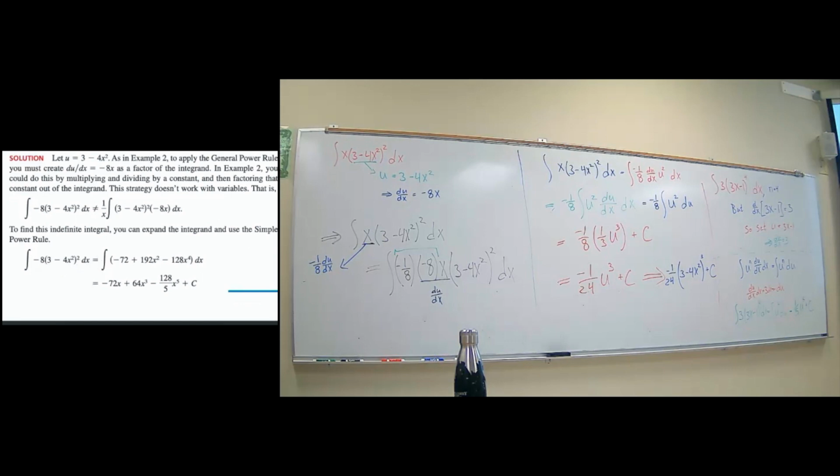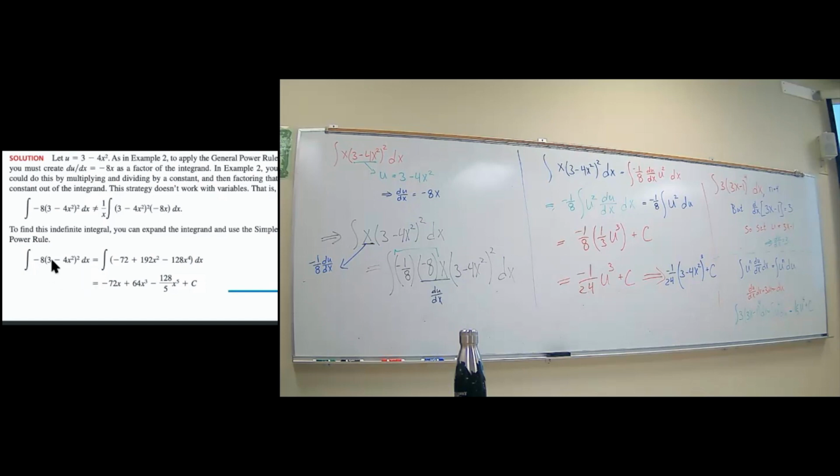And we know that's where that term comes from. And then similarly here, 16 times 8 will be -128. So everything looks like it shakes out, right?